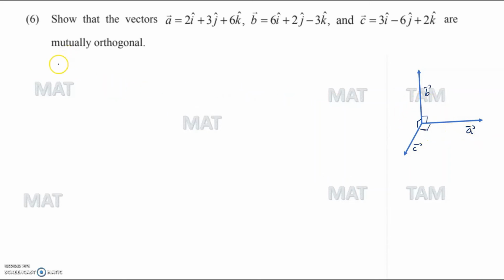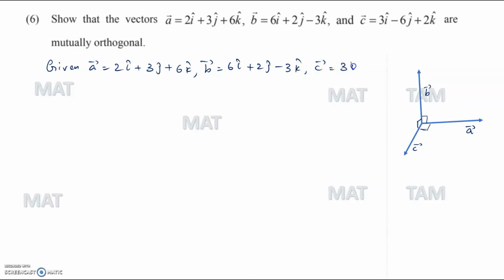So what are we given? We're given vector A is equal to 2i cap plus 3j cap plus 6k cap, and vector B is equal to 6i cap plus 2j cap minus 3k cap, and vector C is equal to 3i cap minus 6j cap plus 2k cap.